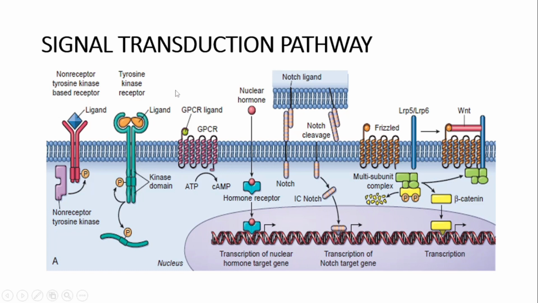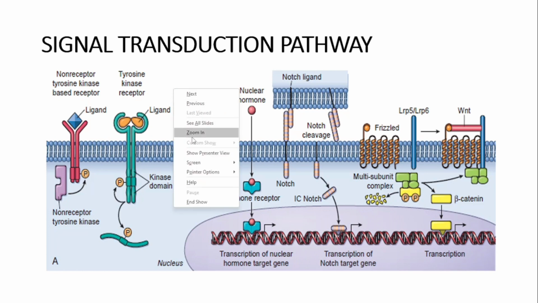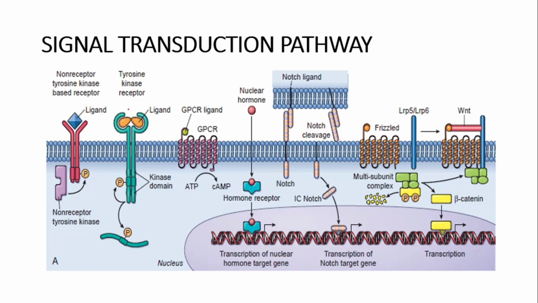For a cell to function normally, the cell has to transduct various signals. So whenever the ligand binds to the receptor, so this is a ligand and this is a receptor. Whenever this ligand binds to the receptor, this mediates various signaling by cross-linking the other receptors.